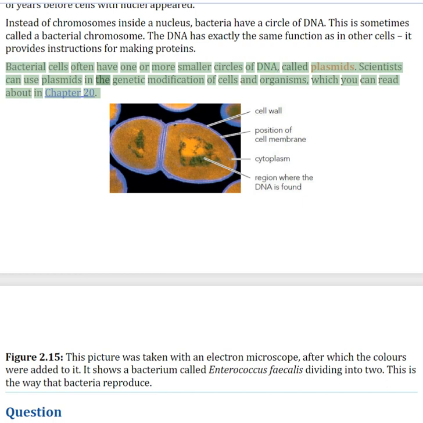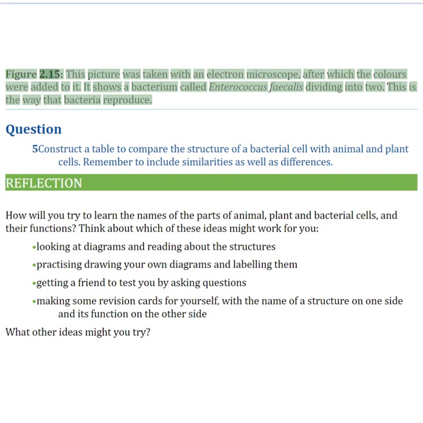Scientists can use plasmids in the genetic modification of cells and organisms, which you can read about in Chapter 20. Figure 2.15. This picture was taken with an electron microscope, after which the colors were added to it. It shows a bacterium called Enterococcus faecalis dividing into two. This is the way that bacteria reproduce.